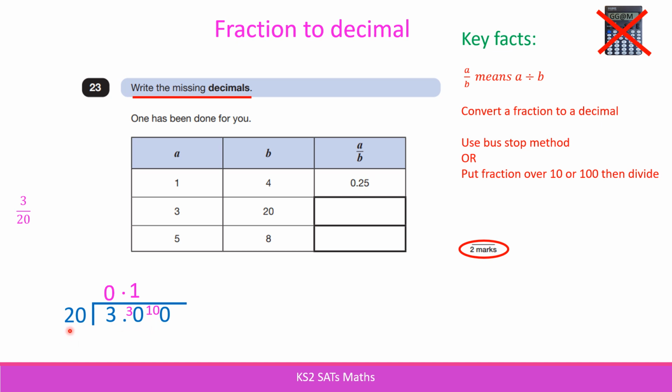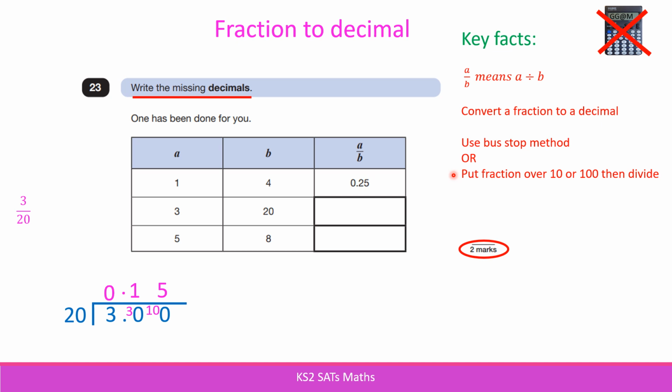So just count up in 20s if you're not sure how many times 20 goes into 100. So you've got 20, 40, 60, 80, 100. That is 5 times, so that is 5 at the top, so you've got 0.15 is your answer, which needs to go in this box here.